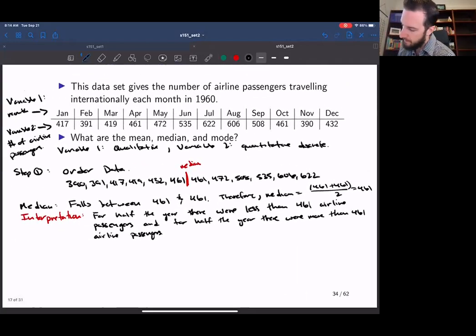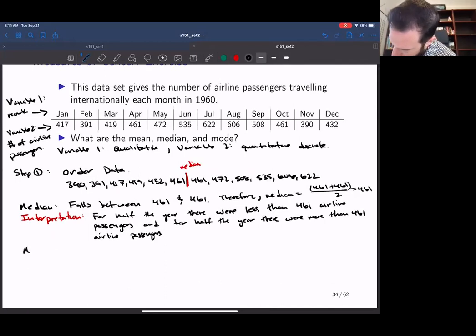All right. Okay, so for the mean, we have to add all of the values together and then divide by the number of observations.